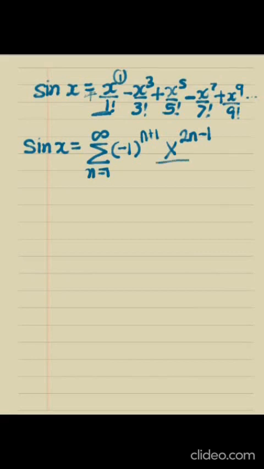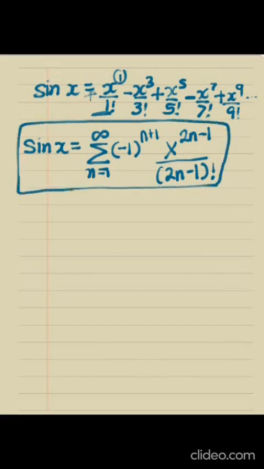And in the denominator, we're going to put 2n minus 1 factorial. Why? Because the denominator is always the same as the exponent. So this is our Maclaurin series for sine of x. And yep, that's how you find the Maclaurin series. And now I want to show you something very interesting.